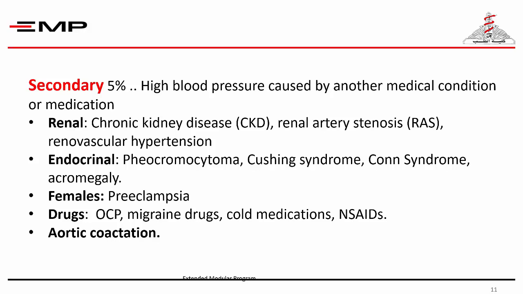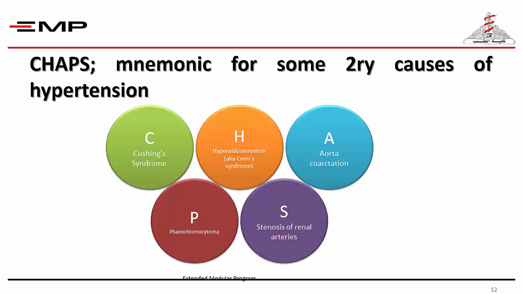It can be classified into many types, like renal hypertension with chronic kidney disease, or with renal artery stenosis, like renovascular hypertension, endocrinal hypertension like with pheochromocytoma, Cushing syndrome, Conn's syndrome, and acromegaly, in females with preeclampsia, with some drugs like oral contraceptive pills, migraine drugs, some cold medications, and non-steroidal anti-inflammatory drugs, with some other conditions like aortic coarctation.